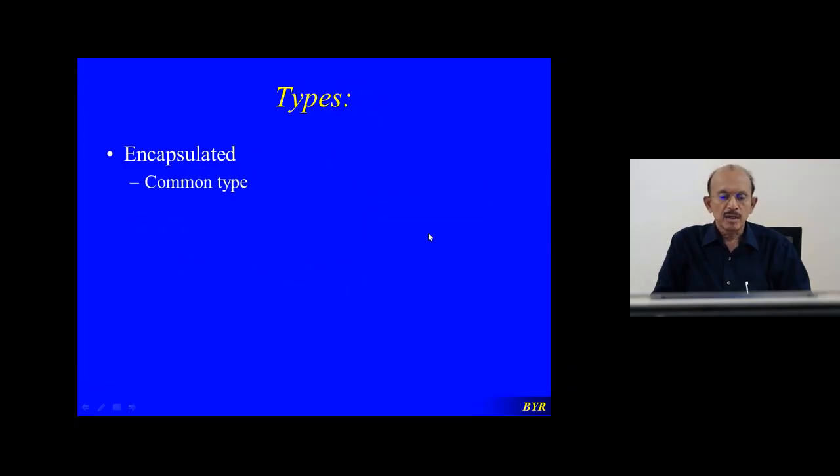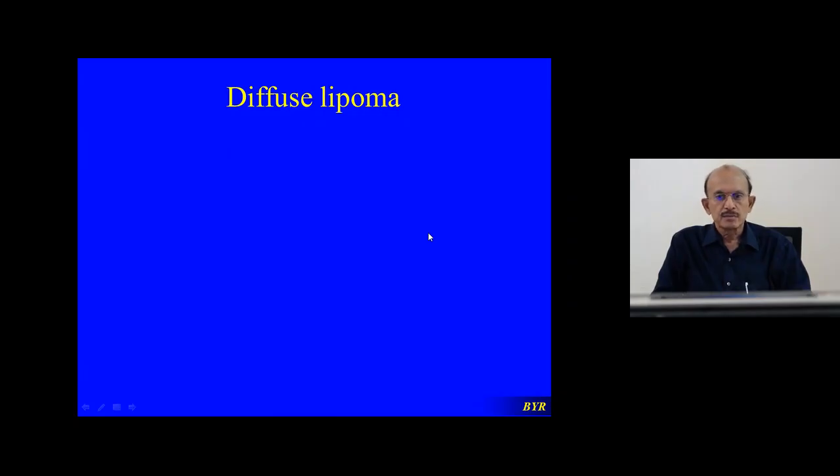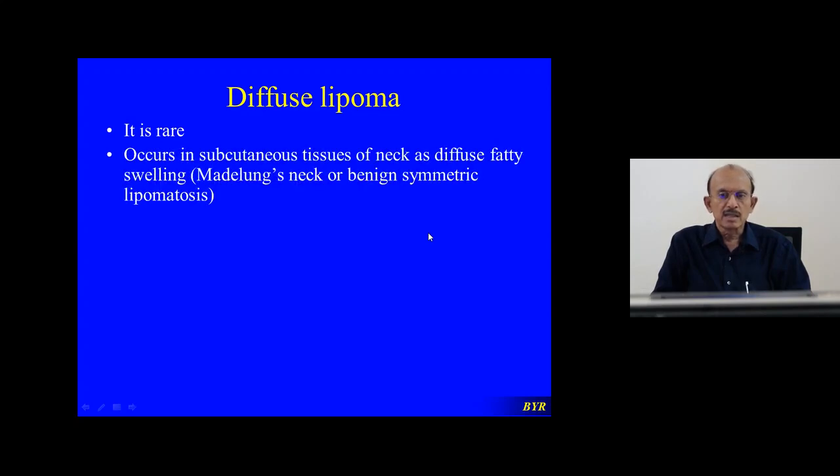Types of lipoma: encapsulated is the commonest type. Diffuse type means it is without a capsule. Diffuse lipoma is rare, occurs in subcutaneous tissues of the neck as diffuse fatty swelling. This is also called Madelung's neck or benign symmetric lipomatosis.